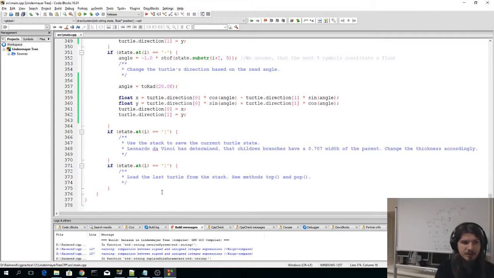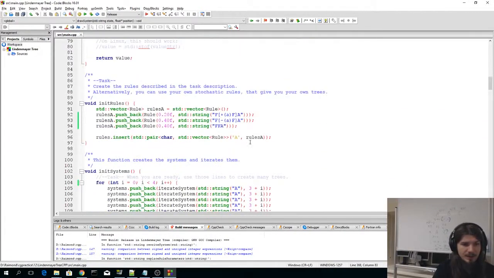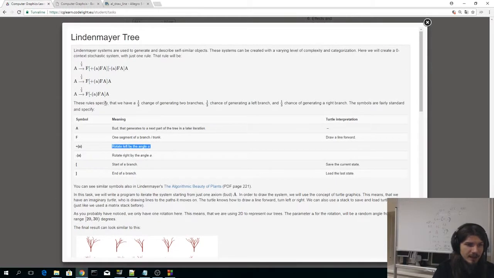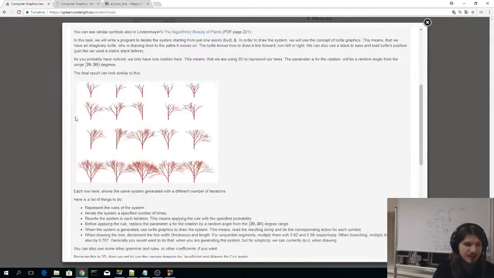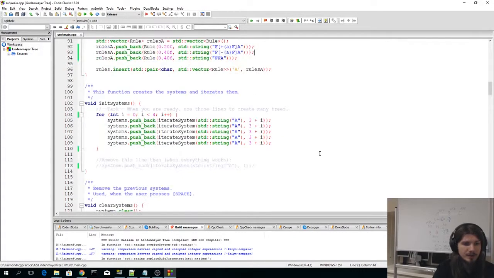So branching should also be implemented, and this decrease of width in the branches. And when those two things are done, then feel free to come up with some interesting rules here, or just use the one mentioned here. So this is a sure way to generate this kind of a picture, and you can check is it right or not. But if you're interested, you can come up with your own rule set.